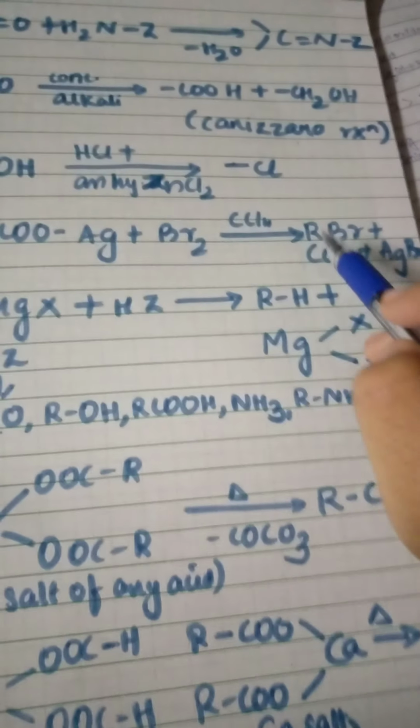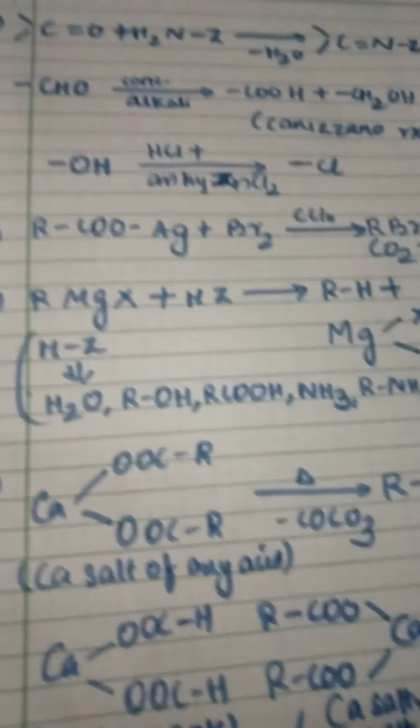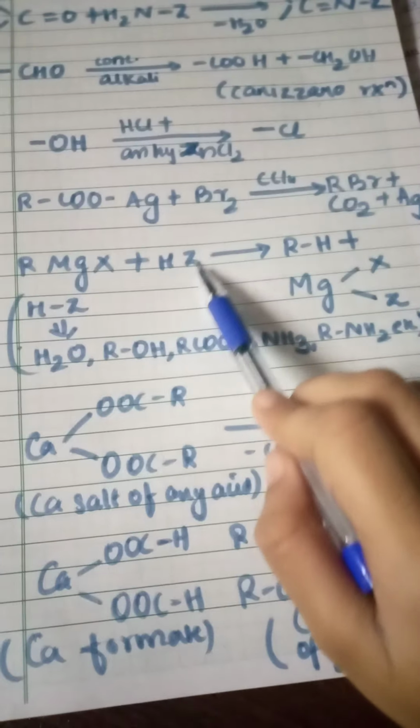One Br goes with R, and the other Br goes with Ag to form AgBr, and the leftover COO is CO2.